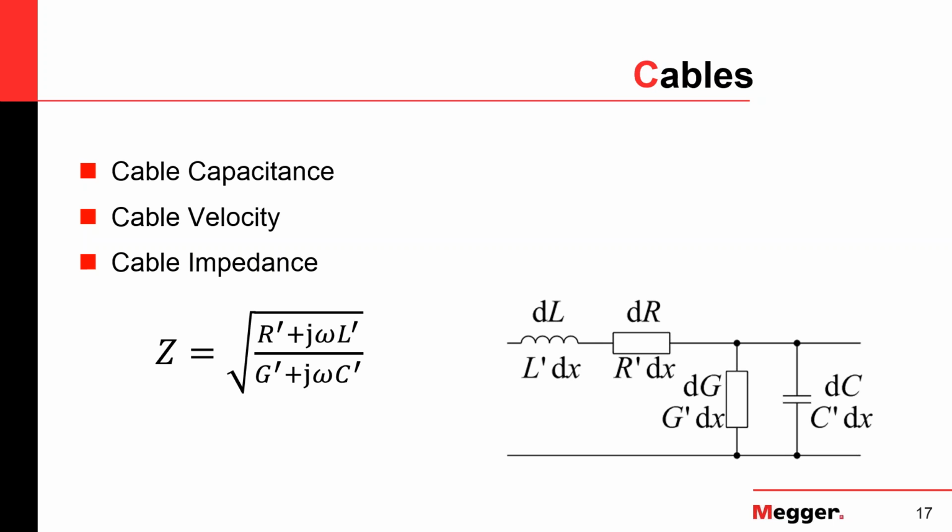You cannot escape the resistance of the cable, and then the quality of the insulation, that is what's in that G. But take a look at this L and at this C. These are predominantly geometric quantities. So the inductance and the capacitance, this is completely determined by the geometry, and we can use this effect later on when we want to do TDR measurements.